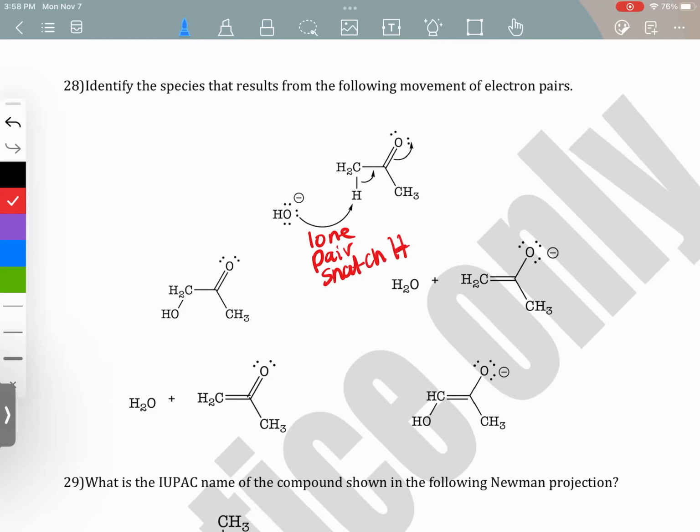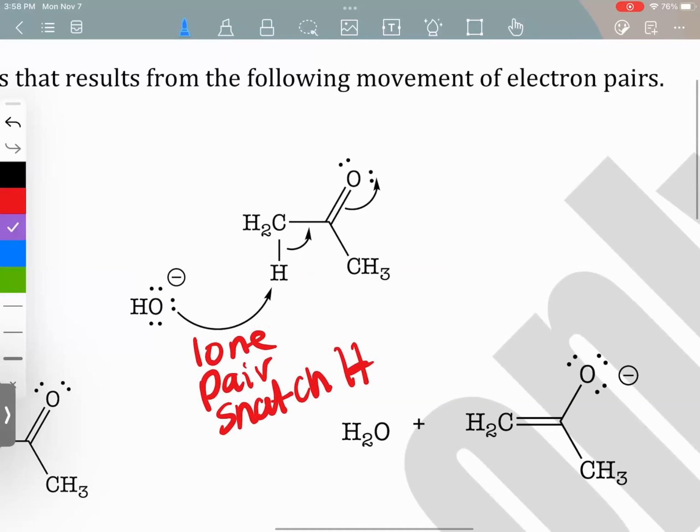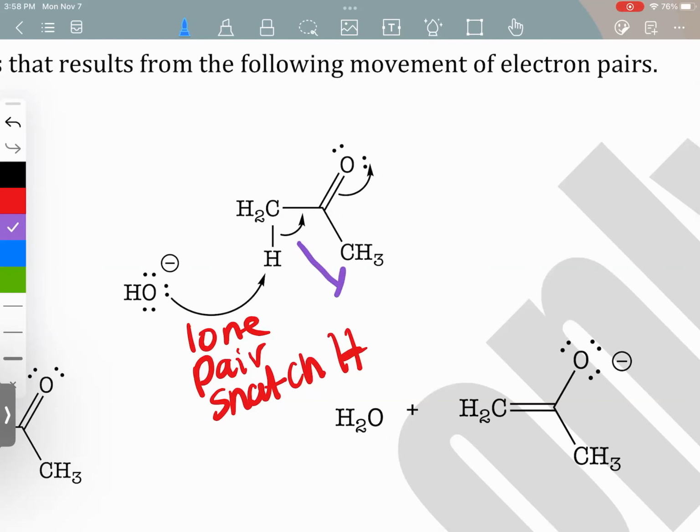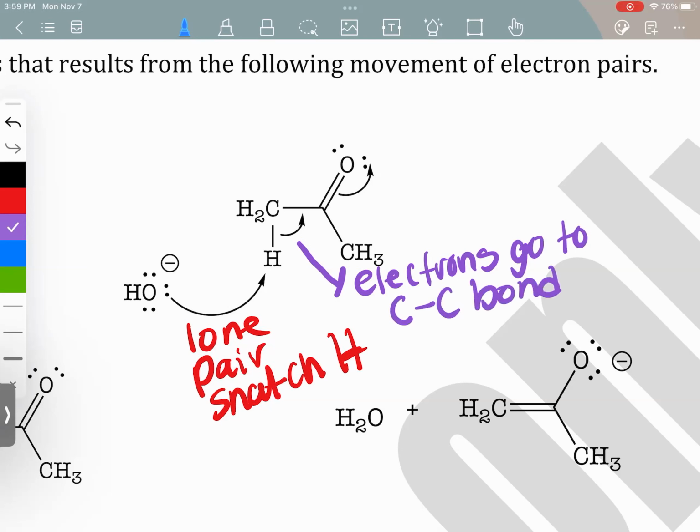And the hydrogen bond, the electrons in this C-H bond, so the electrons go to the carbon-carbon bond and become a double bond. So that creates what kind of bond? A double bond between the carbons. Right. So then a double bond is created.